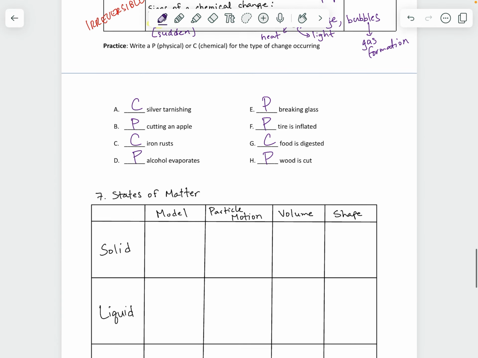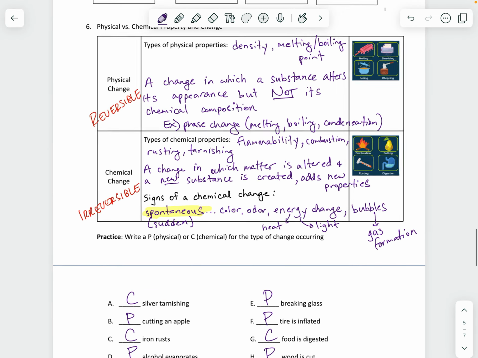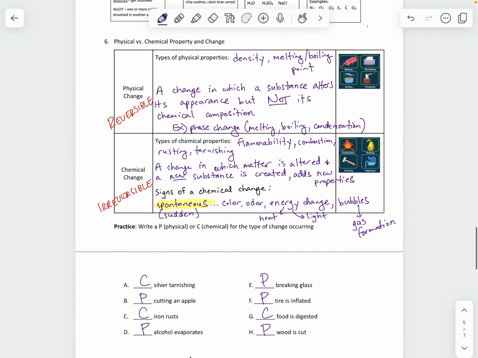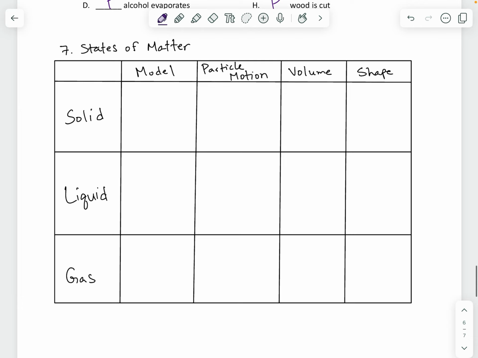All right. And going on to the states of matter, really kind of hitting more along the lines of the idea of physical changes. These are different states that matter can be in. And to go from one to the other would be what we call a phase change. So something like going from gas to liquid is what we call condensation.